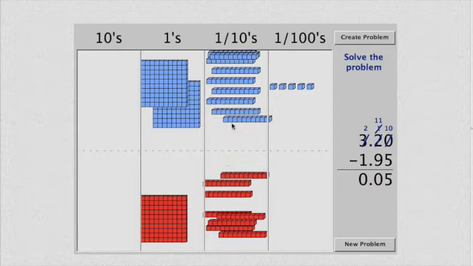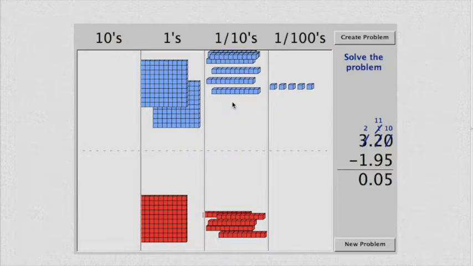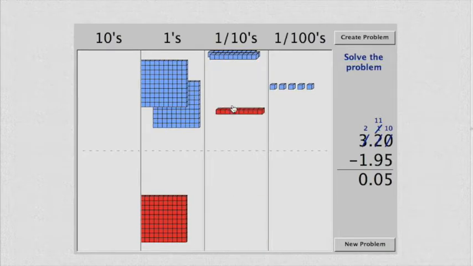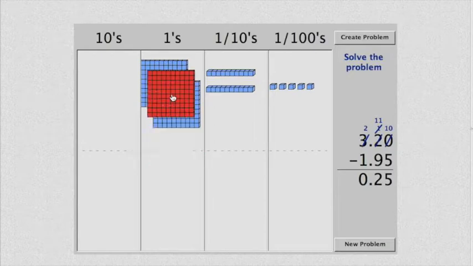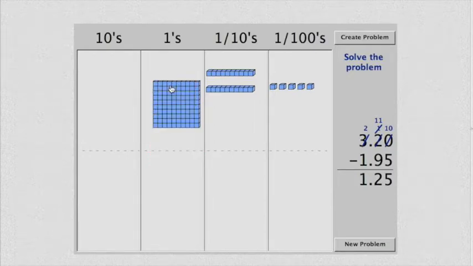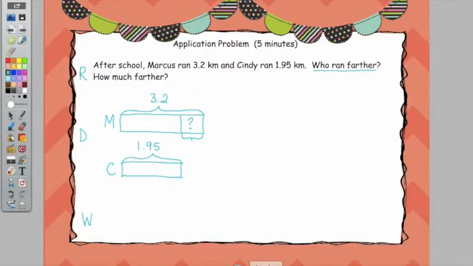A lot of times kids mess up on that. They'll try and change that 1 to a 0 for some reason. So when I'm finished subtracting here, my answer is 1.25.